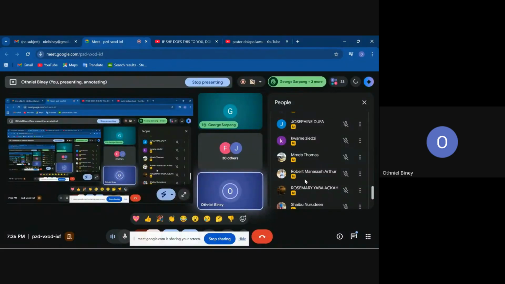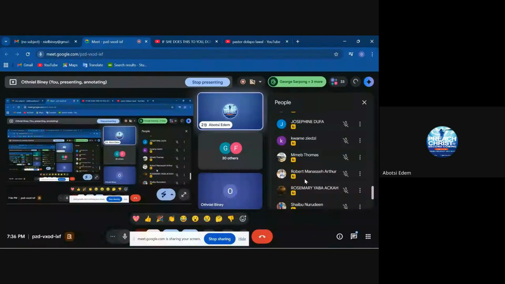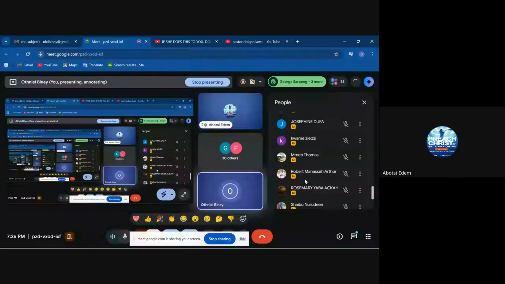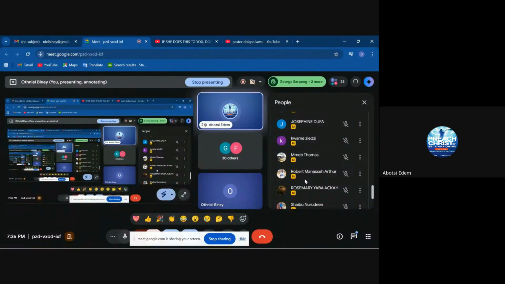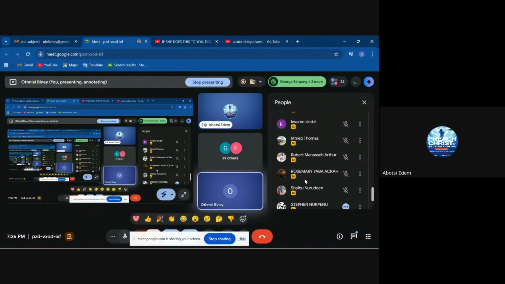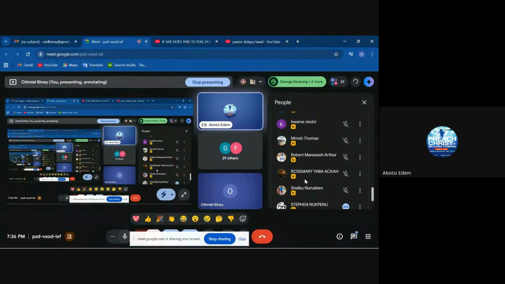Do you guys agree, or do you have a different answer? Pick one. Anyone with a different answer? Okay. Sir, Aboti Edem. They also had a 0.5, but I didn't get that.